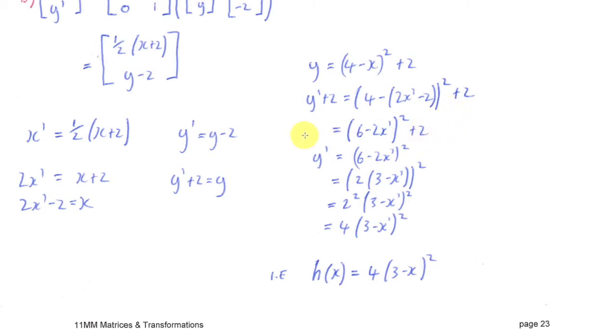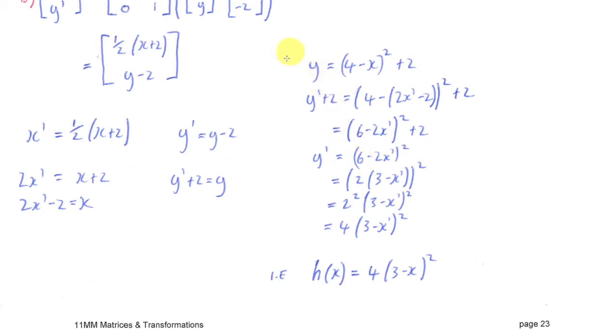At this stage, I should be subtracting 2 from both sides, so this plus 2 there shouldn't be written. So I take 2 from both sides. Now you can see I've got 4 minus all of this here squared. So how is it that we get to this stage? It's very interesting, isn't it?